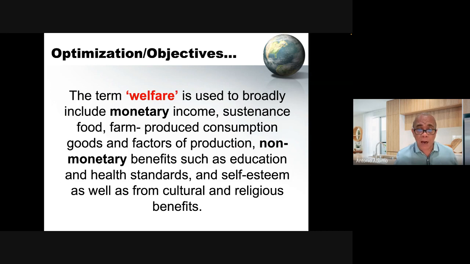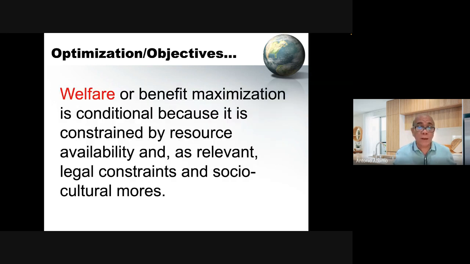Therefore, there are optimal objectives of our agricultural production management that address welfare and the well-being of the individual household. Welfare or benefits maximization is conditional because it is constrained by resource availability, relevant legal constraints and socioeconomic norms.